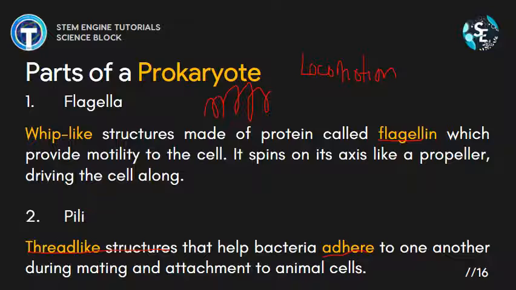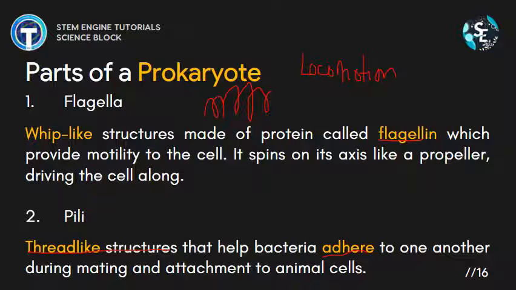It spins on its axis like a propeller, driving the cell along. Ibig sabihin, yung mechanism ng flagella para mapagalaw yung cell is umiikot siya na parang ganito. Since it is a whip-like structure, pwede siya maging lubid na paikot-ikutin na umiikot sa kanyang axis. Ito yung nagpo-provide kung bakit nakakagalaw from one place to another yung isang prokaryote.